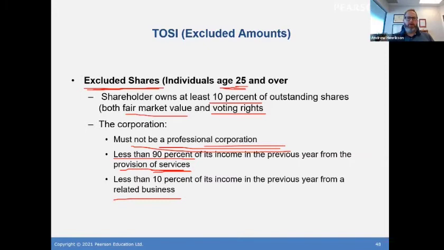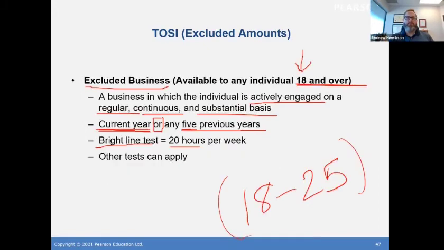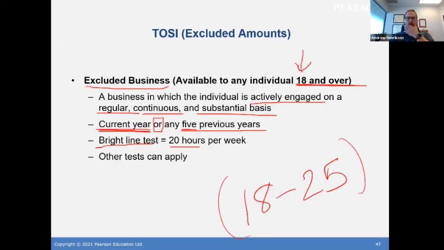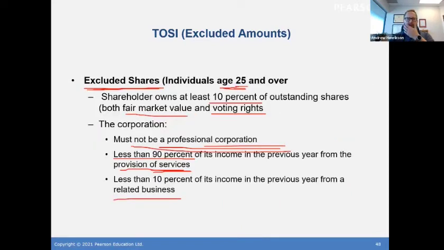So we're looking for ways to exclude based on relationship with the business or the share ownership. But there's some other little details built into that. And the age is also important, because the excluded business applies for 18 and over, but the excluded shares goes even higher.